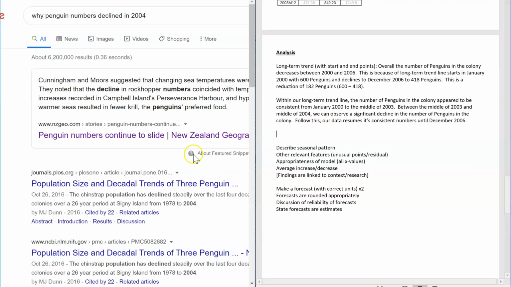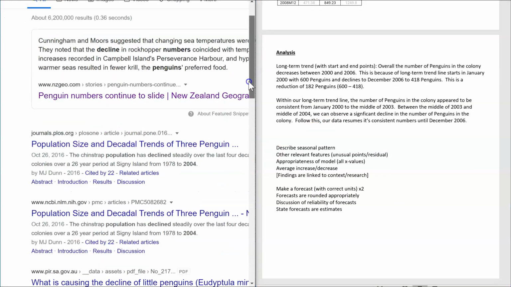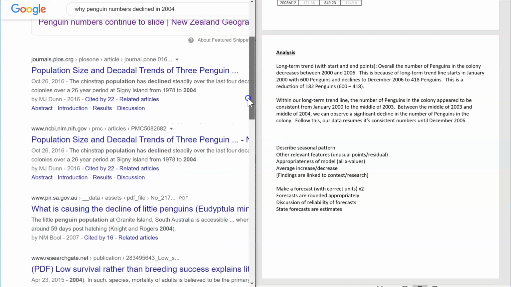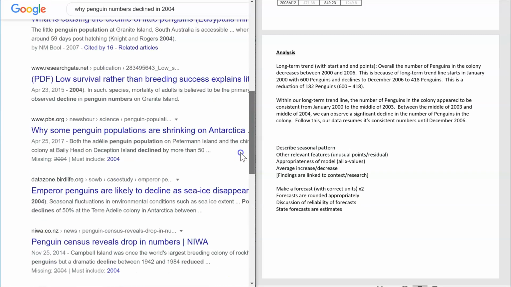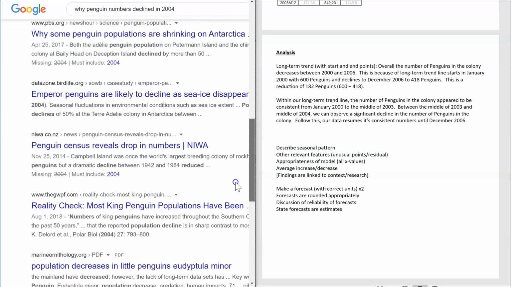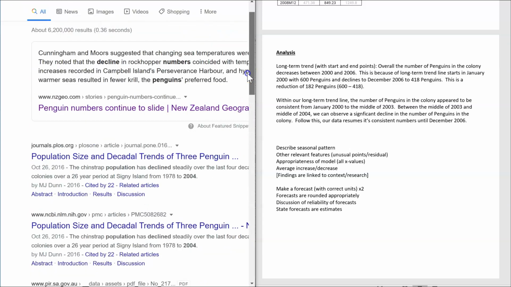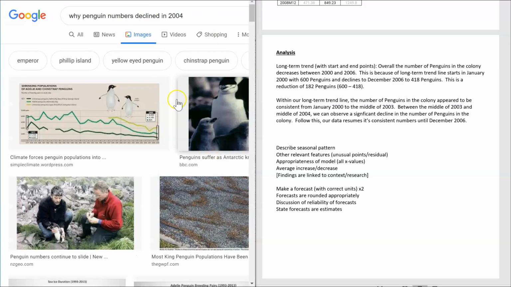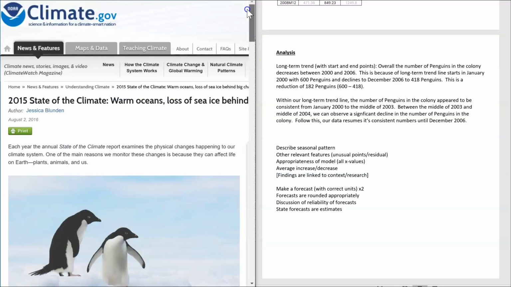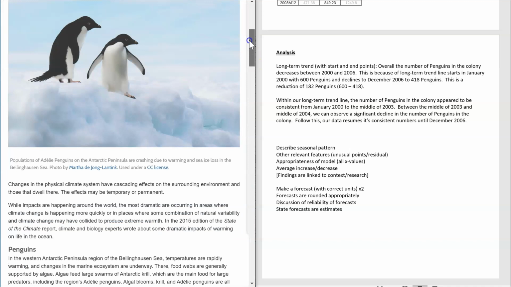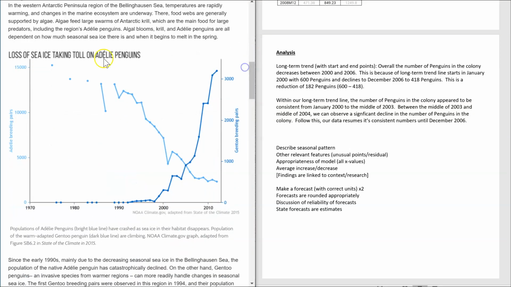So the first thing I had a look at was the headings. Is there anything specific about 2004 and penguins? I couldn't see anything overly useful. So I went onto Google, and I found an article, and I found this interesting graph from climate.gov. It talked about the loss of sea ice taking its toll on Adele penguins.